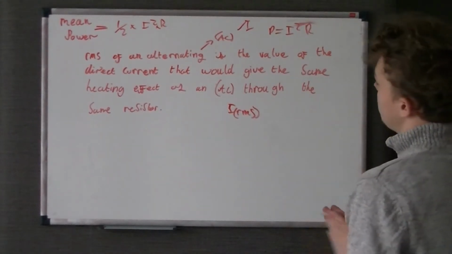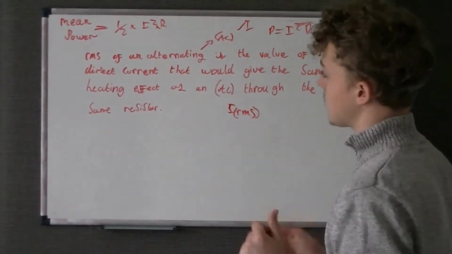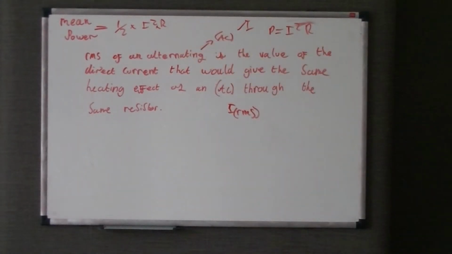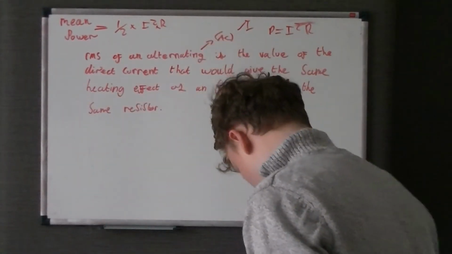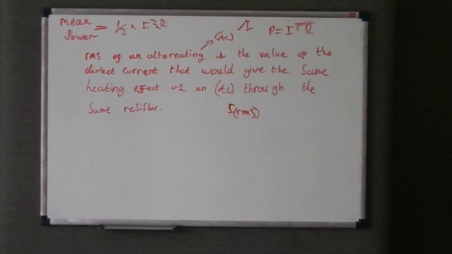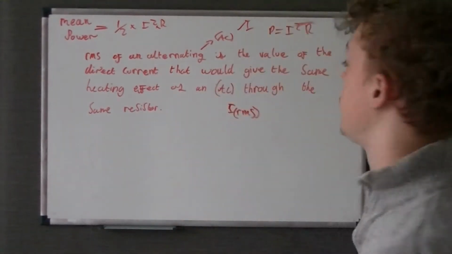So we know the mean power of an alternating current is half of I squared R. The power of a root mean square current, even. Sorry about that, I just thought I broke something.